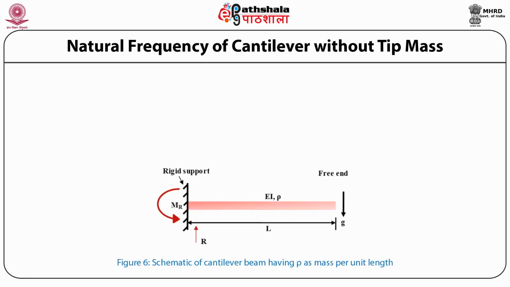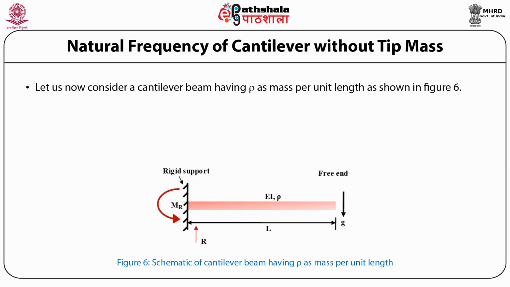Now the next is the natural frequency of a cantilever without tip mass. So in the present case, the mass is uniformly distributed and there is no tip mass present. Let us now consider a cantilever beam having rho as mass per unit length as shown in the figure, which is shown in the next slide.